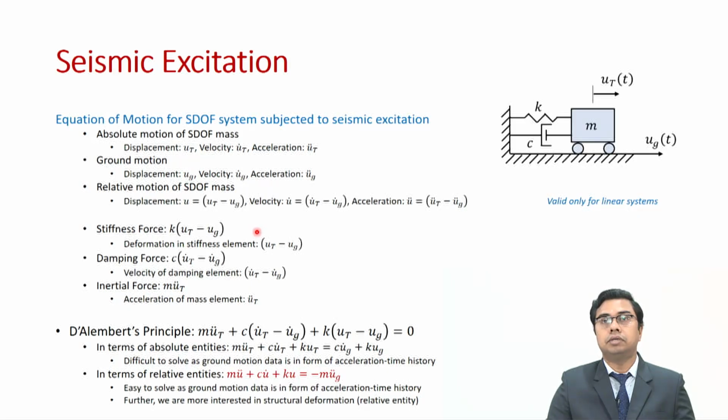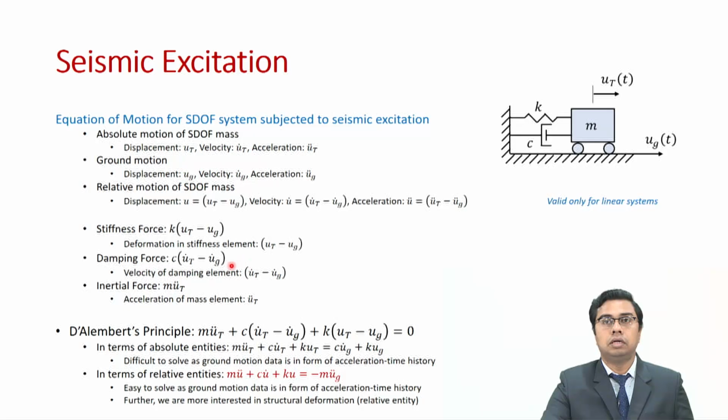The structural deformation is the relative motion of the single degree of freedom system with respect to the ground, which means that the stiffness force will be given by stiffness k multiplied with ut minus ug. Alright, because the deformation in the stiffness element is ut minus ug.